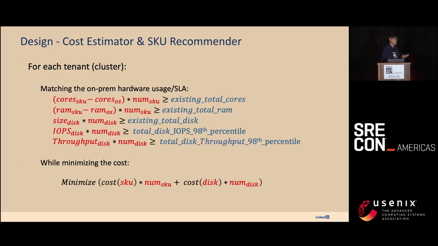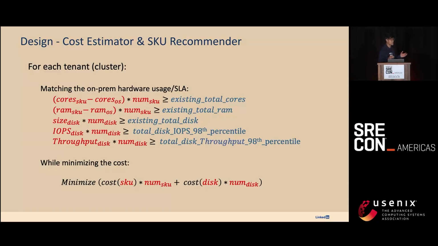Okay, so on top of this rich metrics data for the clusters, this utilization data, the heuristics to actually come up with the best SKU and the size for a given cluster is straightforward.